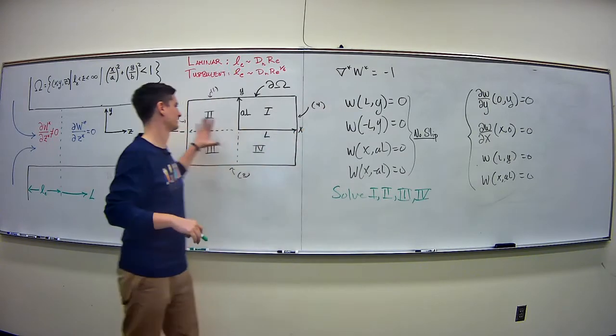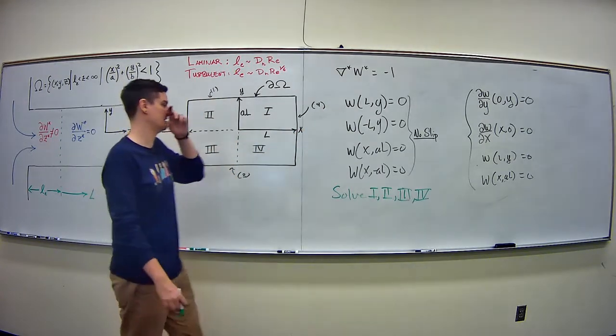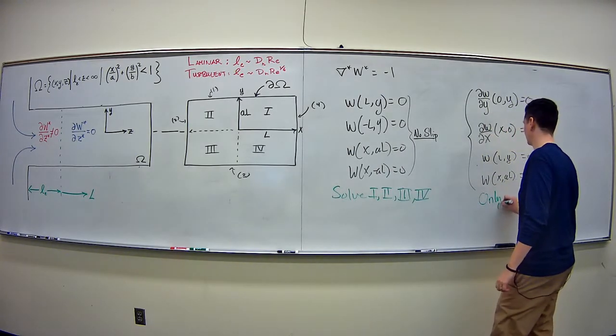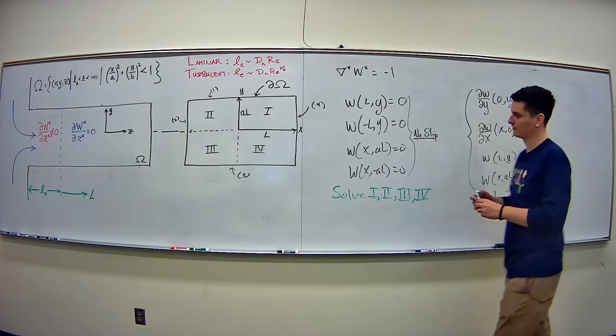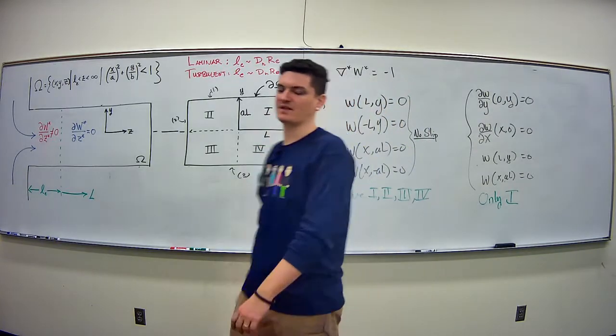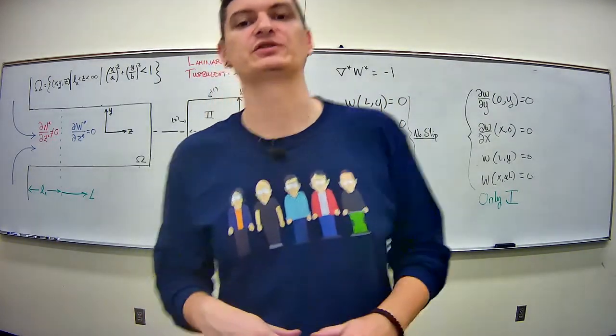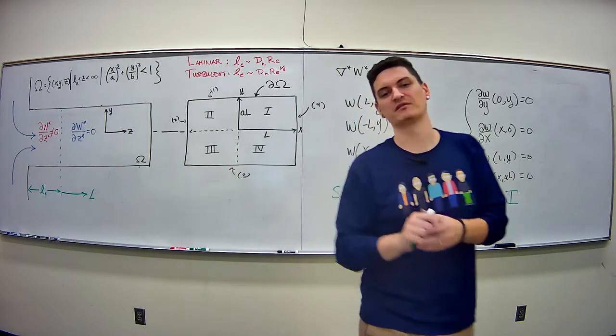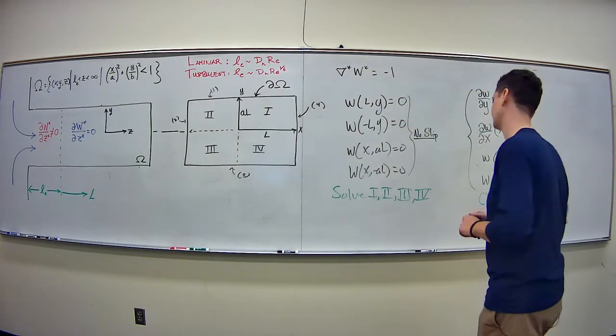These boundary conditions are defining the entire problem. But I make my life easier by only solving quadrant 1. And then I have the physical intuition that quadrant 2, quadrant 3, and quadrant 4 are just mere reflections of the solution that I get.